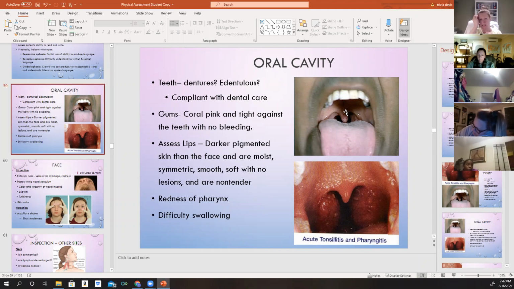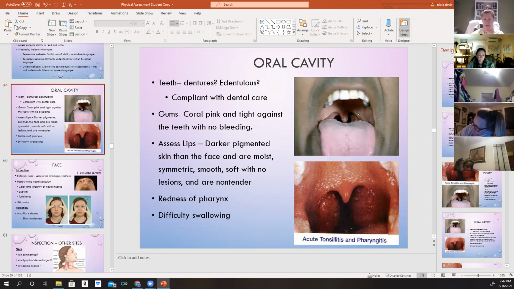And really doing this good examination of their oral cavity is important to identify areas that could be causing any nutritional issues. We'll talk about that when we talk about nutrition, but if they have sores or open areas or problems, one, it's going to interfere with the way they taste food, and it's going to make them not have an appetite, and if they don't have good nutrition, then they're not going to be able to heal properly.